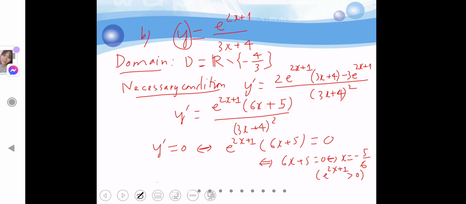Okay, and the sufficient condition, the third step.